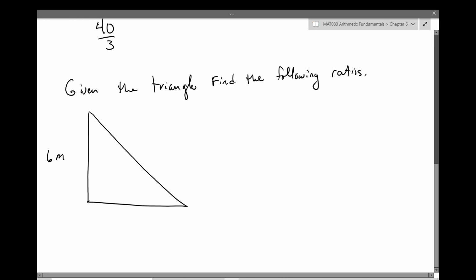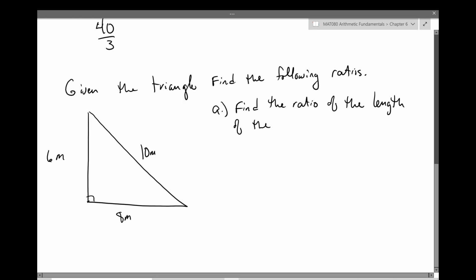This is going to be 6 meters, 8 meters, and the hypotenuse will be 10 meters, okay? And for part A, let's find the ratio of the length of the shortest side to the length of the largest side.